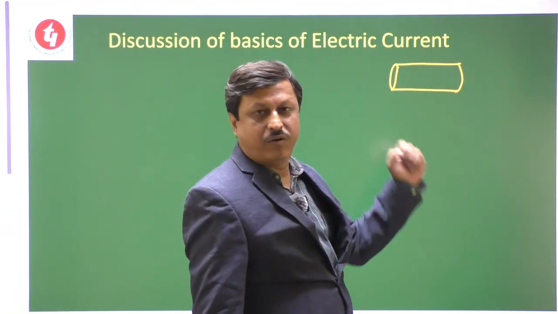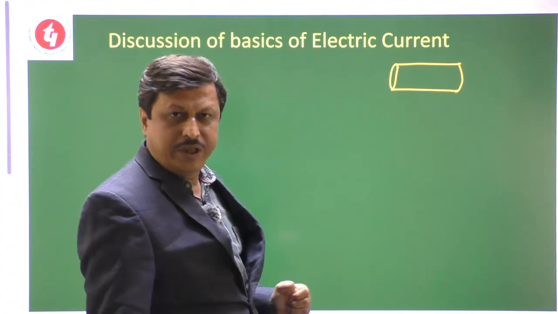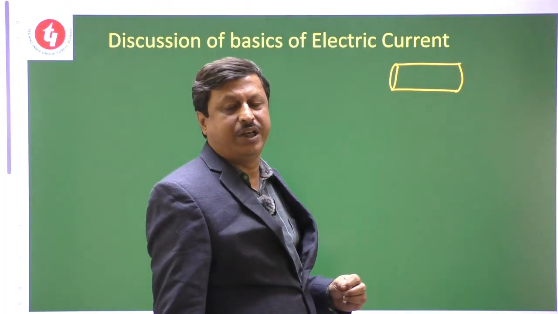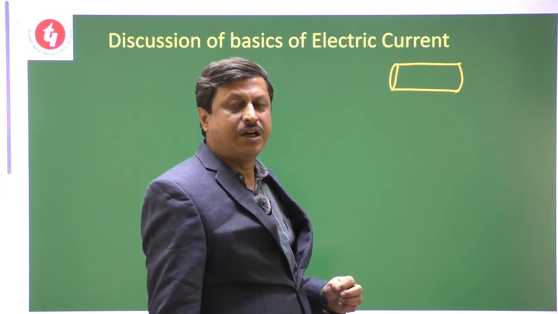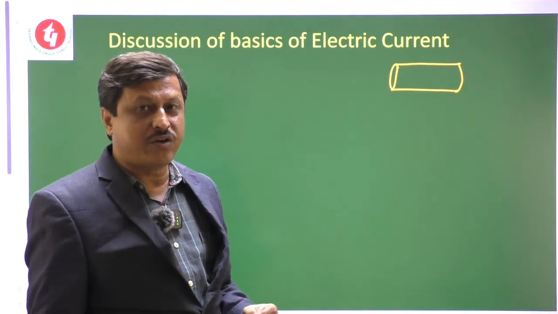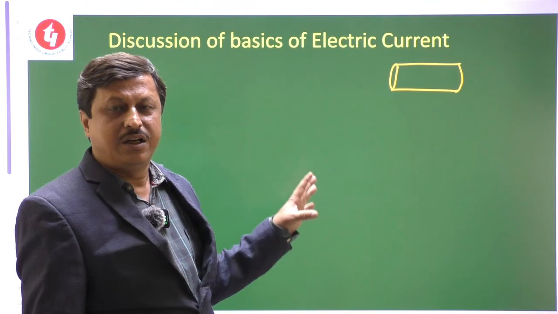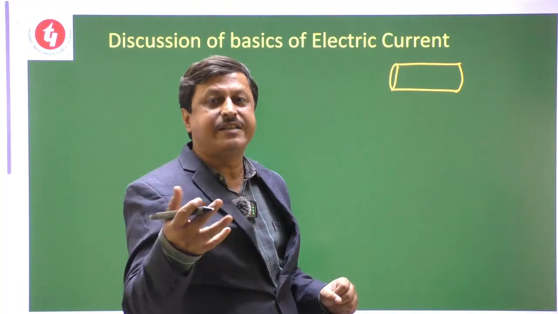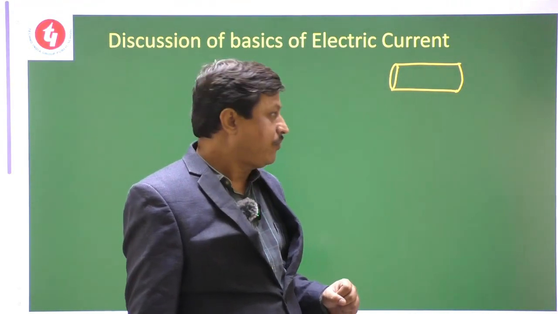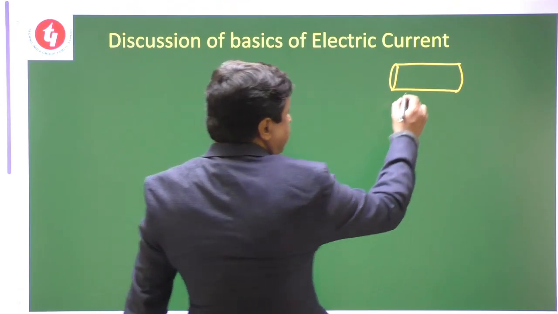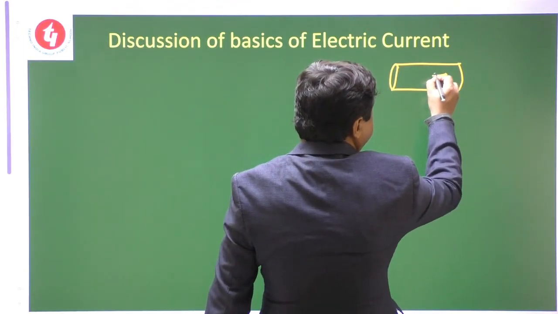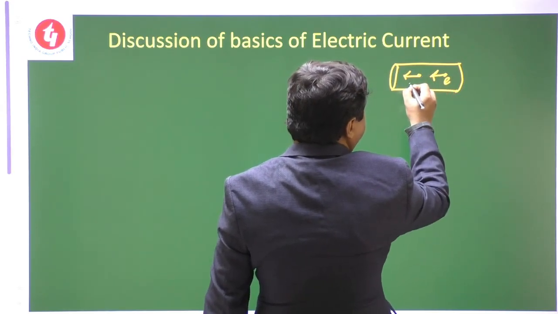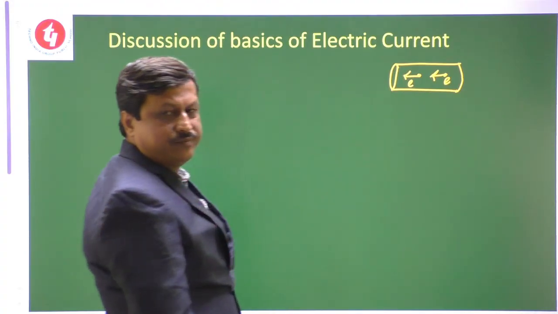So this is a metallic wire, and in the case of a conducting material, there are free electrons present in that material, and these free electrons carry the current, right? So there are some free electrons present in this wire, and these electrons flow through this conductor.